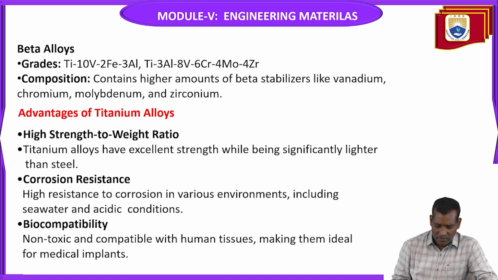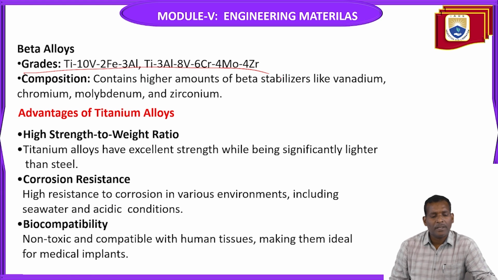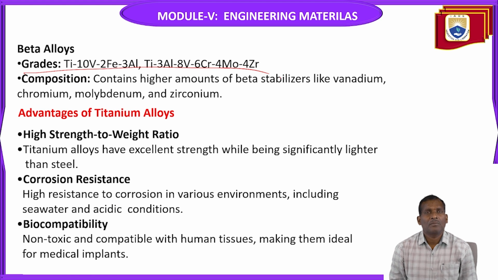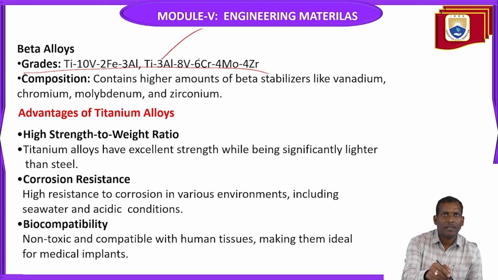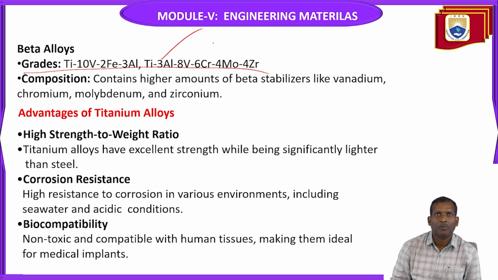So the beta alloys, the grades are Ti-10V-2Fe-3Al. Similarly, Ti-3Al-8V-6Cr-4Mo-4Zr.